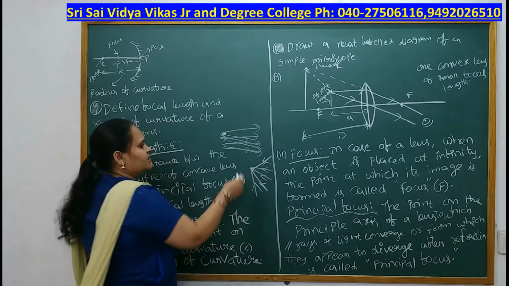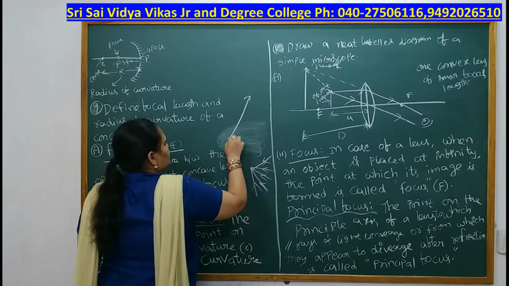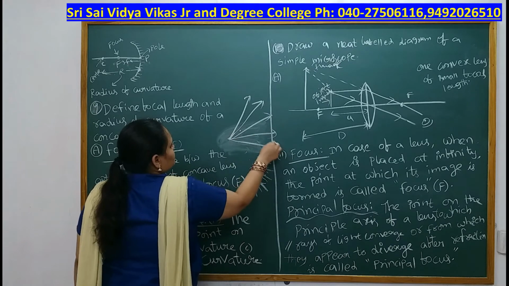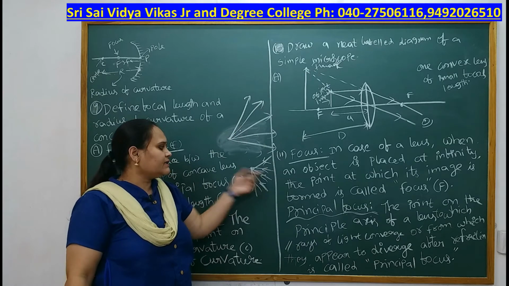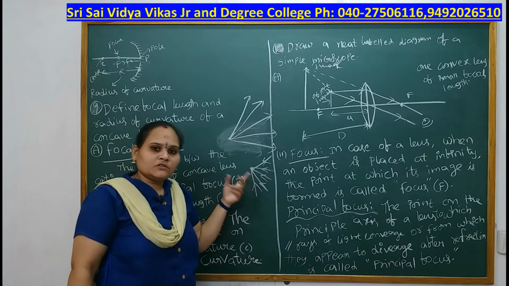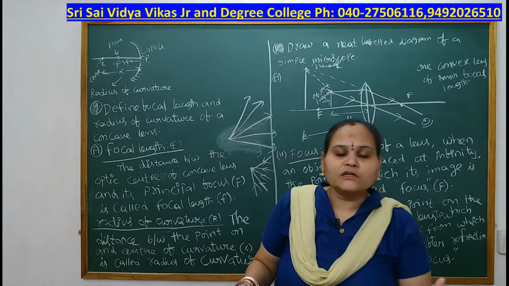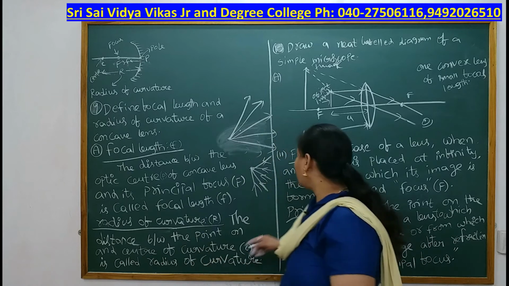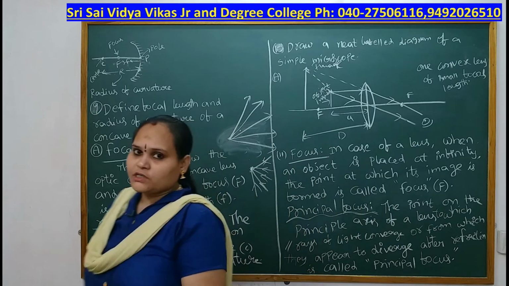This is the convergence, and this is the divergence. So the point on the principal axis where the light rays converge, or from which they appear to diverge after refraction, is nothing but the principal focus. These are our very short answer questions.